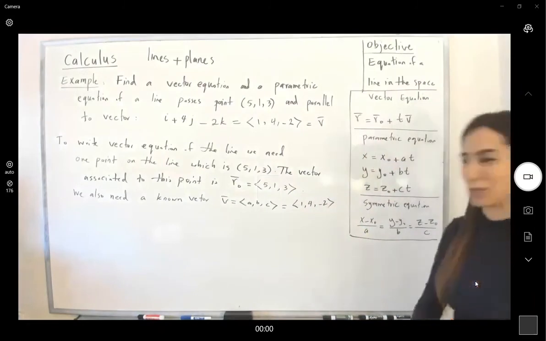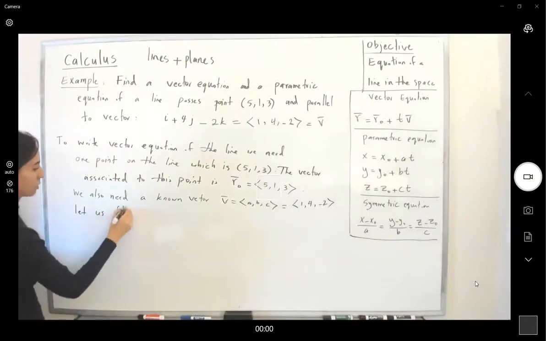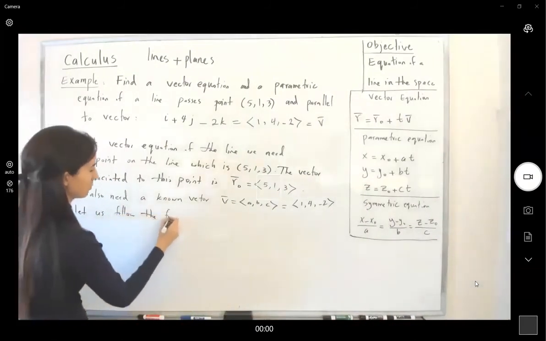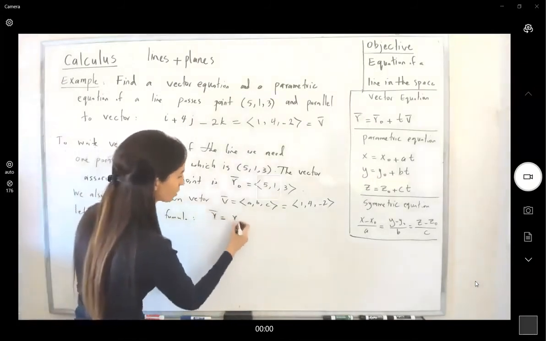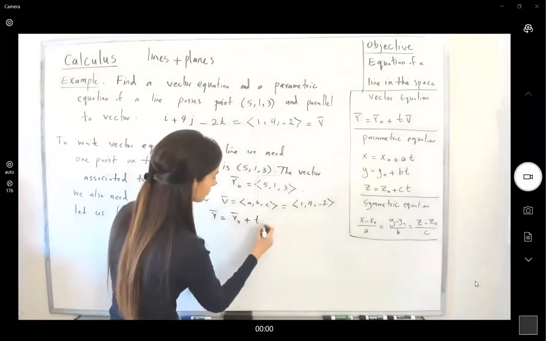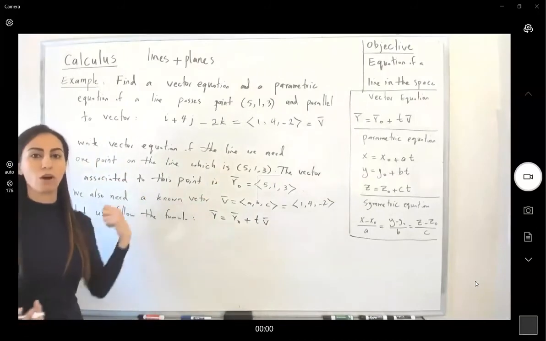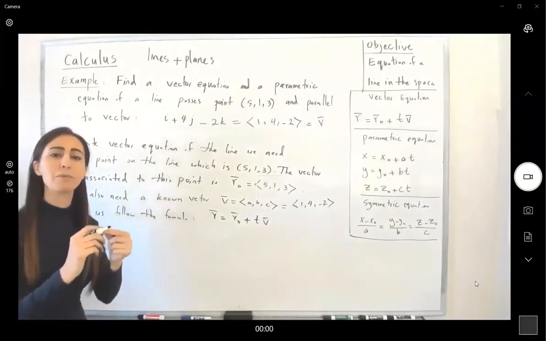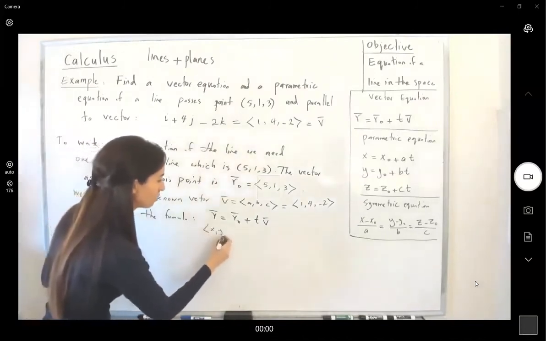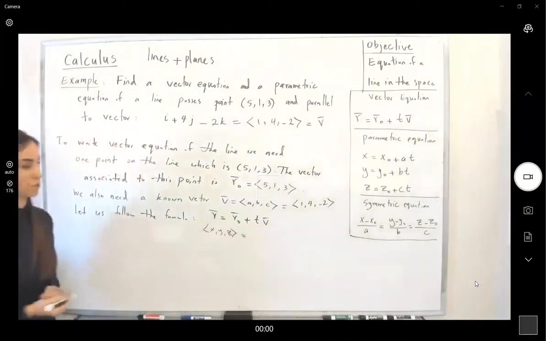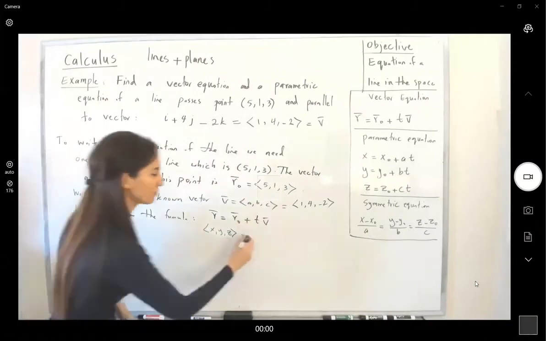We just need to follow the formula. Formula says, r is equal to r sub 0 plus tv. So what is r? Remember that r was the vector that represents a general point on the line. It was x, y, z equals. Vector r sub 0 is 5, 1, 3.